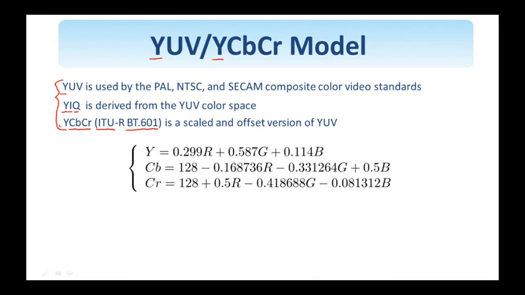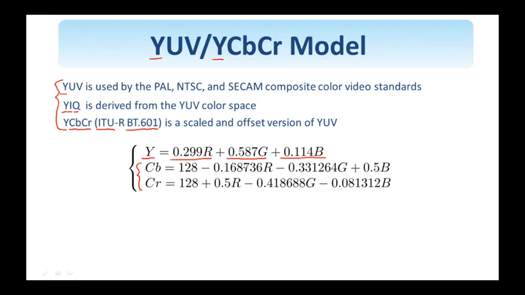Here are the equations for the YCbCr BT.601 recommendation. We see that the luminance component is 60% due to the green channel, 30% due to the red, and 10% due to the B. And again, these are the differential blue and red channels.